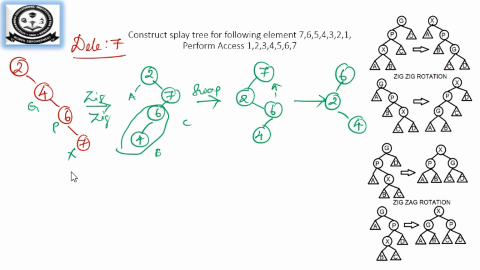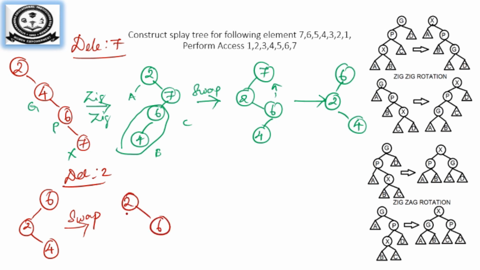Okay, now I want to delete 2. What happens with the delete of 2? So I'll show delete 2. You have 6, 2, 4. It has to be swapped, so I will swap it. When I swap, 2 comes down, 6 will be here. You don't have A, but you have B, so you will have B over here.